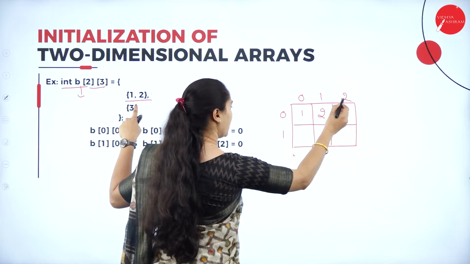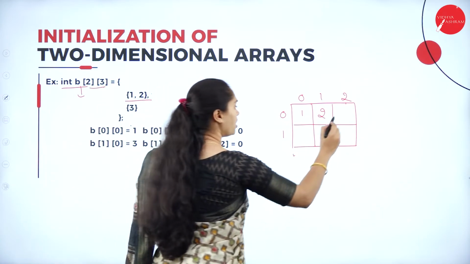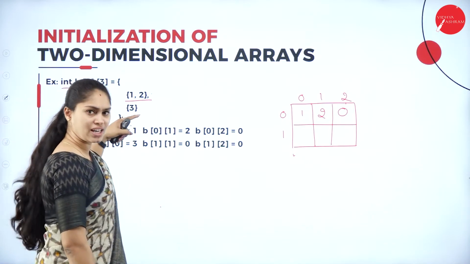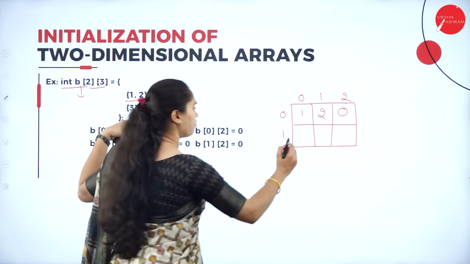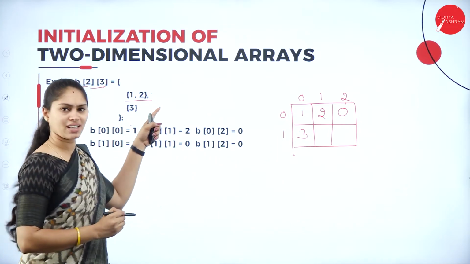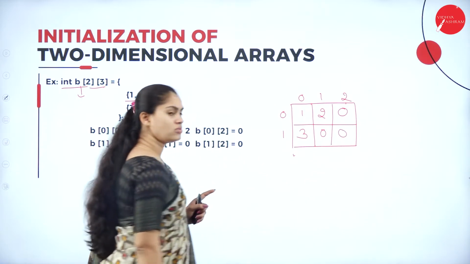But I don't have any element for the 0th row and second column. Then it will be filled by what? It will be filled by 0. Next, I have only one element in the second row. It will be filled in first row, 0th column, 3. I don't have any other element further, so it will be filled by 0 as well.